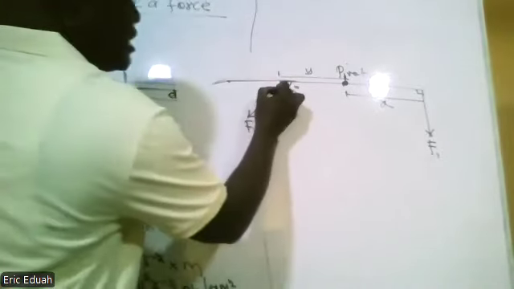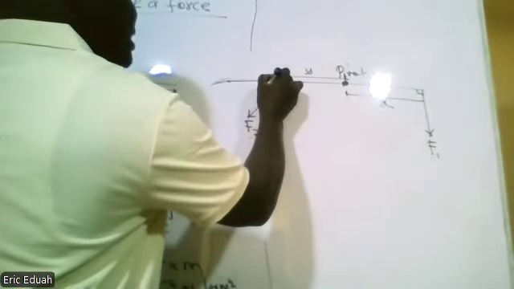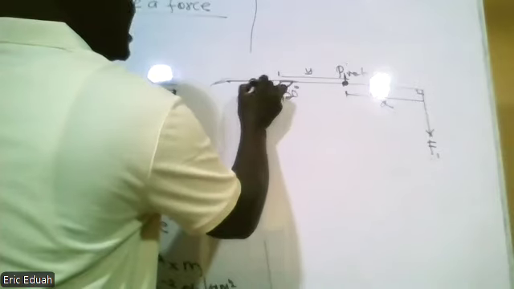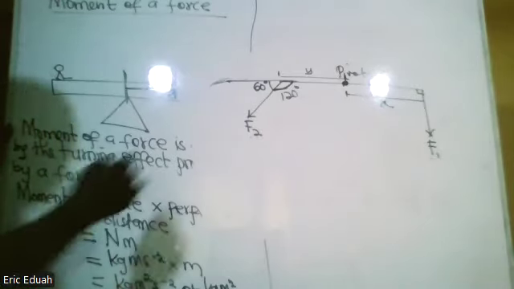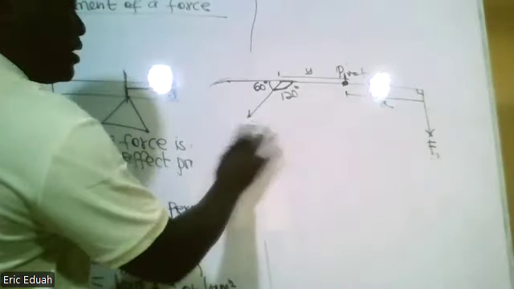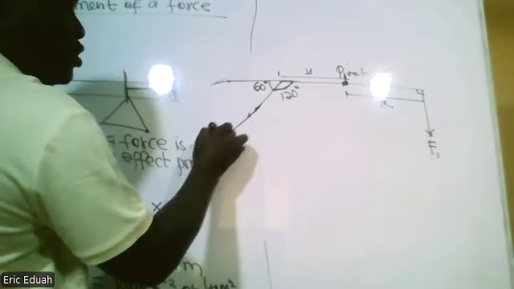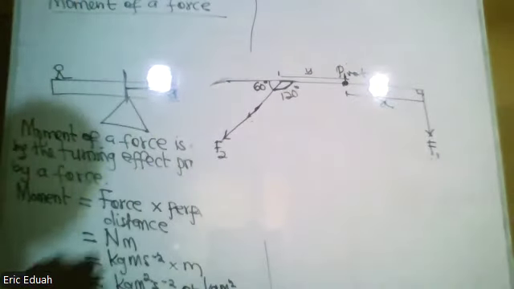Now, if this is 120, the remaining angle here becomes 60. So 60 degrees complements 120. So let's resolve force F2 with the angle 60.